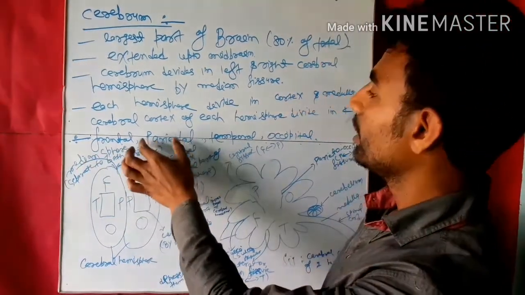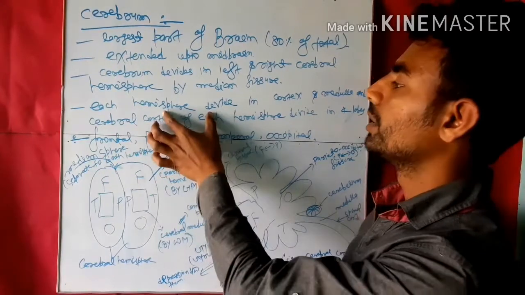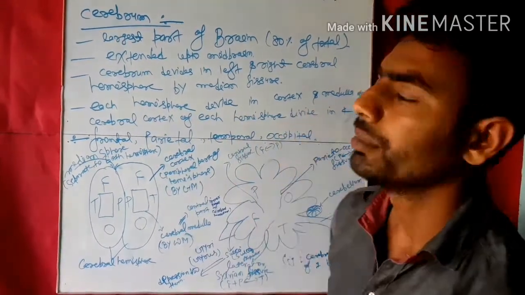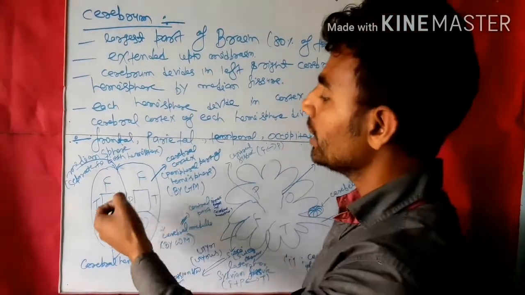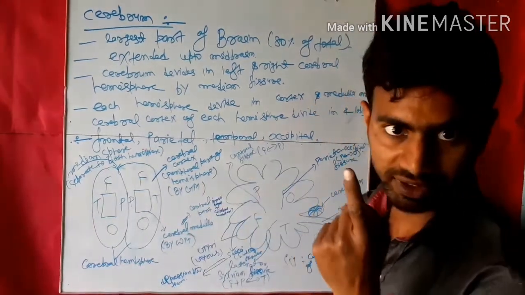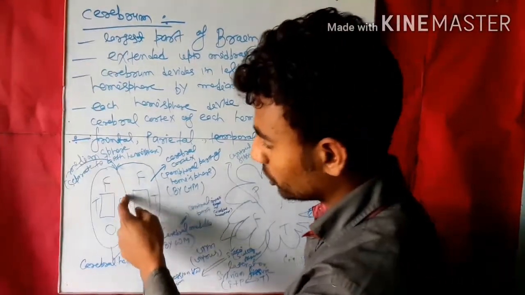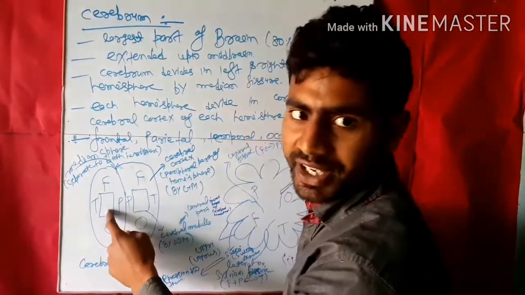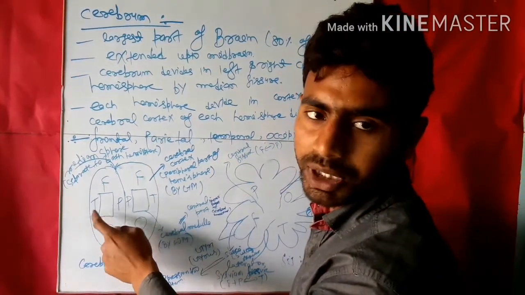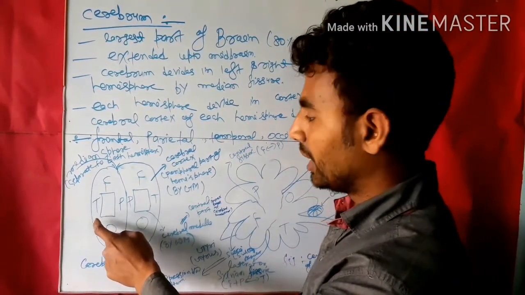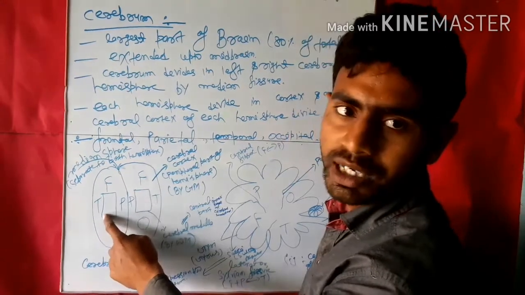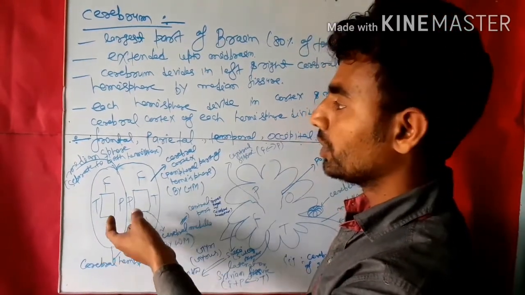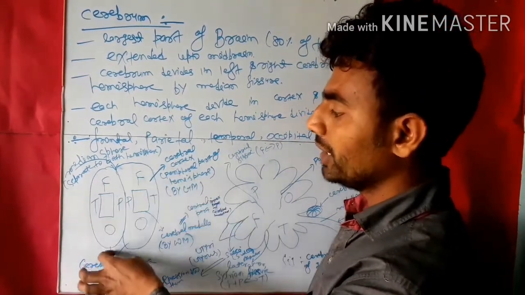Each hemisphere divides into cortex and medulla; the central part is the medulla, the inner part of the cerebral hemisphere.